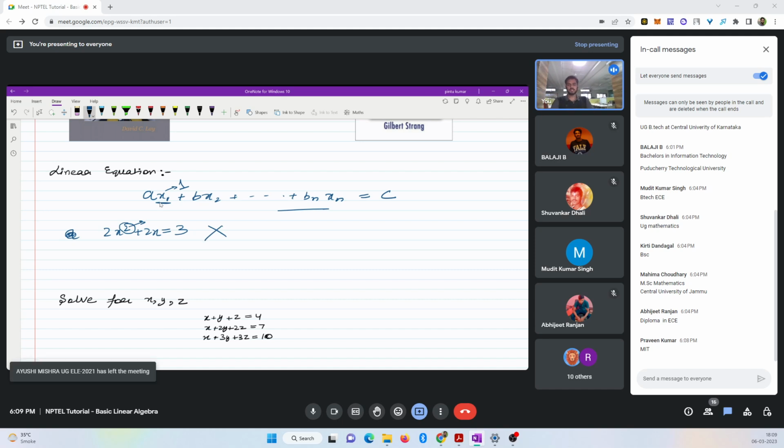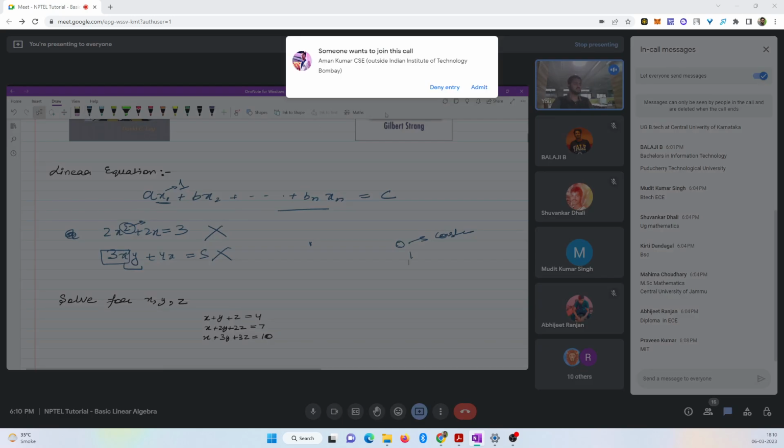Take another example, 3xy plus 4x equals 5. Here x and y are multiplied with each other, so this also does not fall into the category of linear equations. In a linear equation, we have only a single variable associated with each coefficient, raised to the power of at most 1: either 0, which is your constant term, or power 1. These are what we call linear equations.